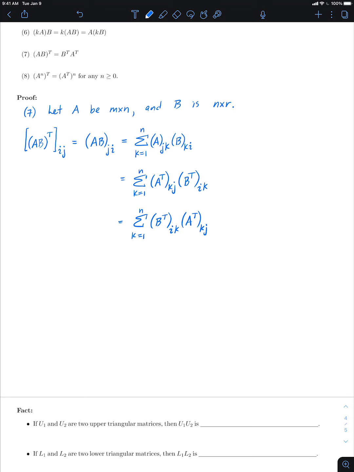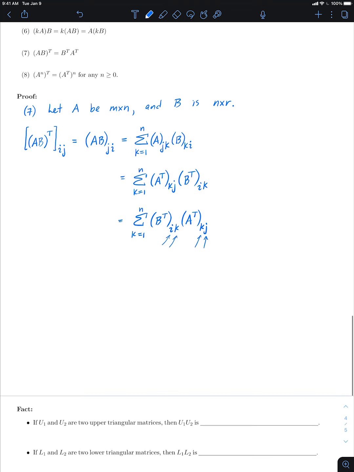Now it looks like the two k's are the inner two of the four indices, if you put all four in a row. And that's what you need to be able to say that this is the entry from a matrix product: the index of summation had better be occupying those two inner positions. So that's why we can freely say that this is the ijth entry of B transpose times A transpose.